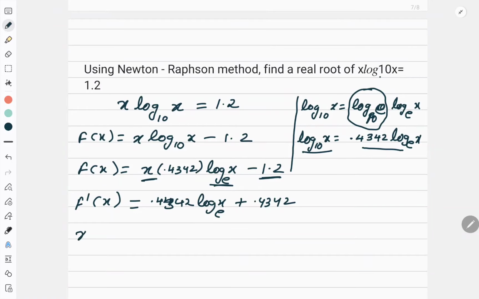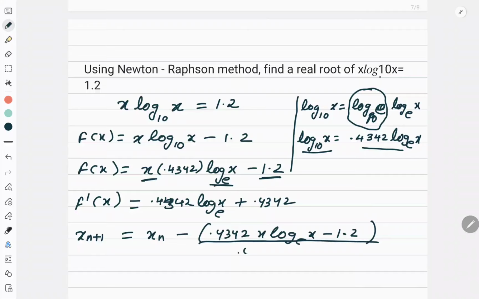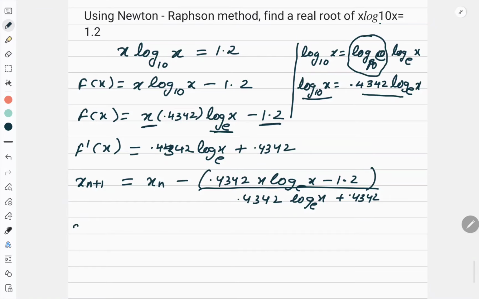So I got this. What is my iterative formula now? Xn minus 0.4342 x log x minus 1.2, as usual I am particular about my brackets, upon 0.4342 log x plus 0.4342. So xn plus 1 is equal to xn, 0.4342 log x with base e plus 0.4342 xn.